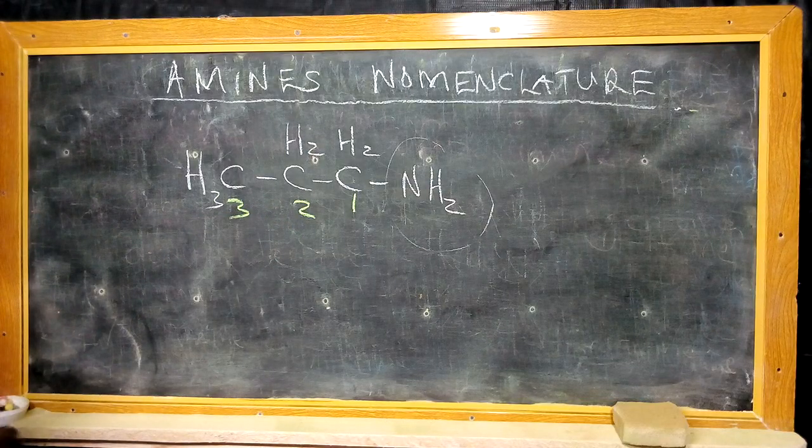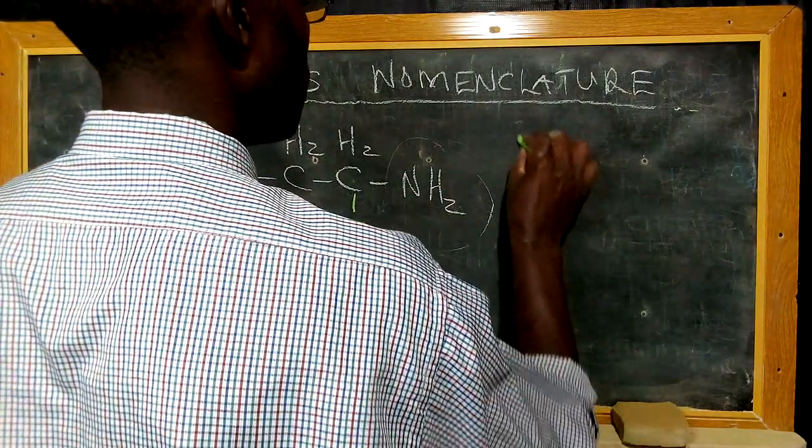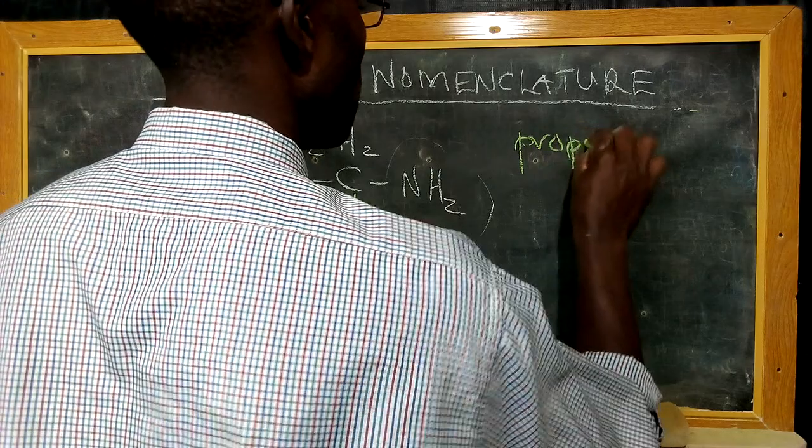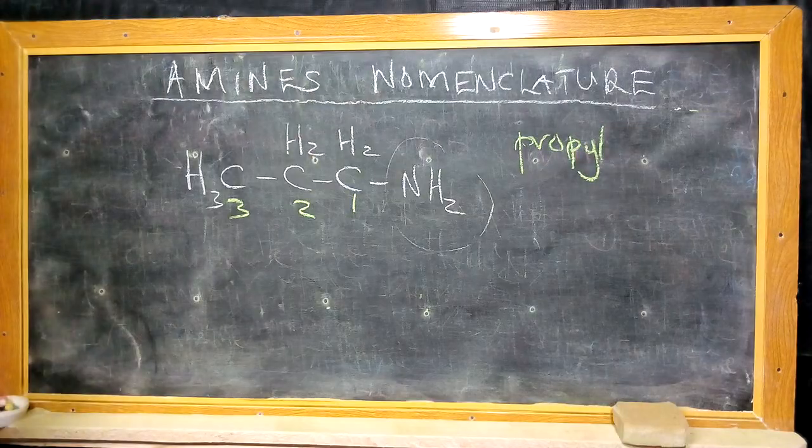So from the alkane series, this one will have the name propyl for the substituent. So that is the prefix for this particular compound.